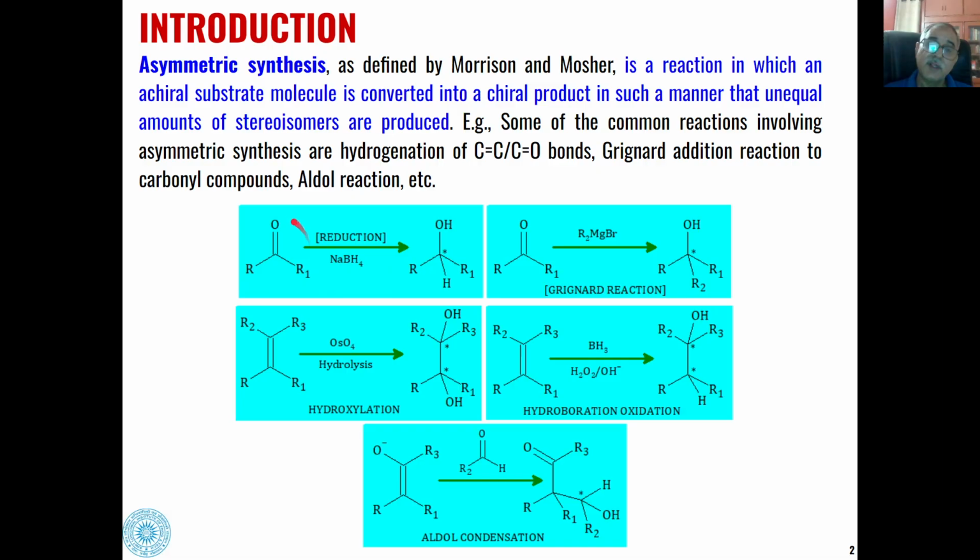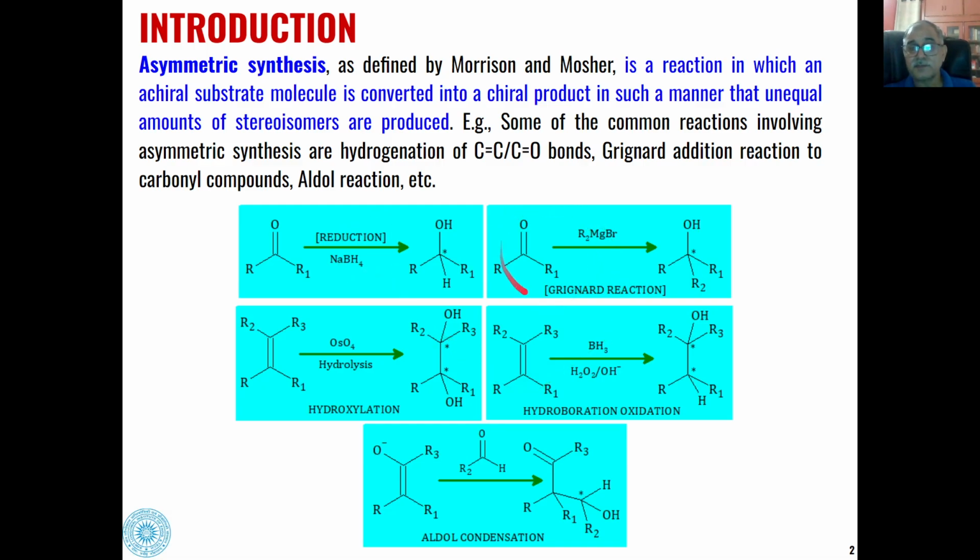That means this achiral substrate has been converted into a chiral product. And if both the enantiomers of this molecule are formed in unequal amounts, then this reduction will be called asymmetric reduction, or this synthesis will be called asymmetric synthesis.